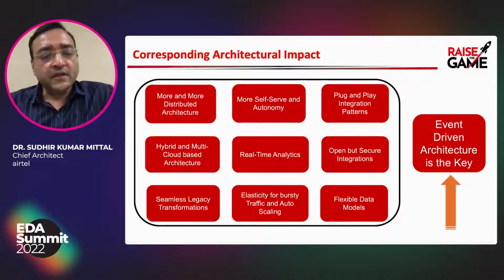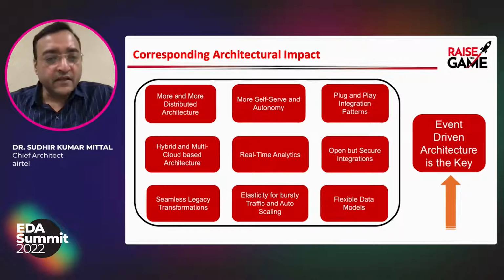So it's a plug and play kind of integration pattern. And now the deployment architecture has to be aligned with hybrid and multi-cloud based architecture, not just private cloud or just one hyperscaler, but partnering with a lot of cloud providers.